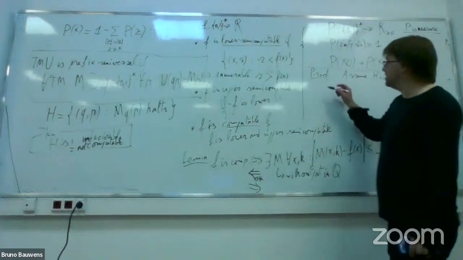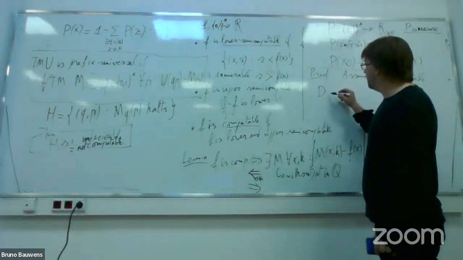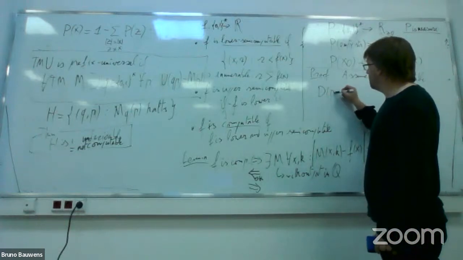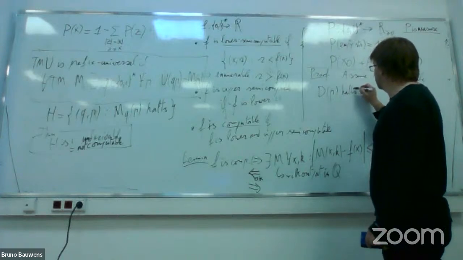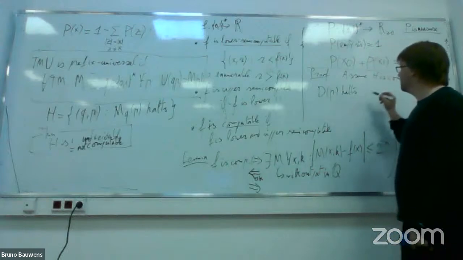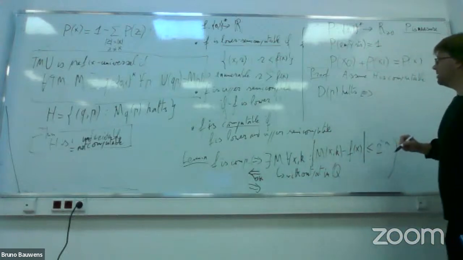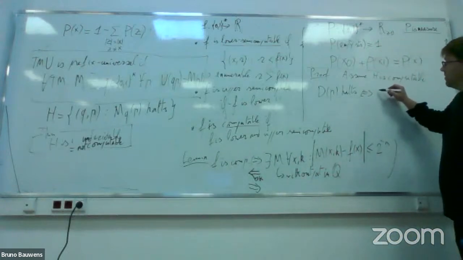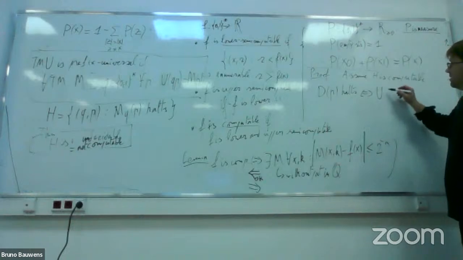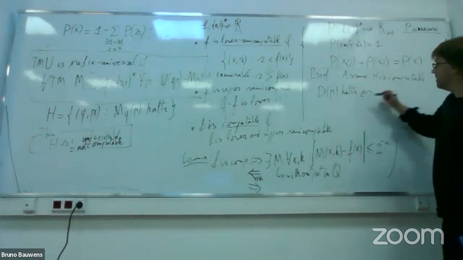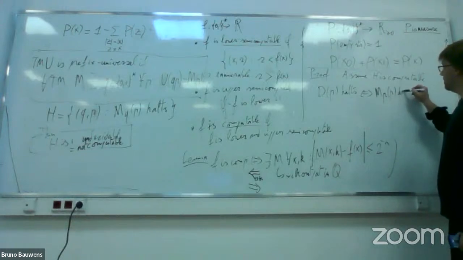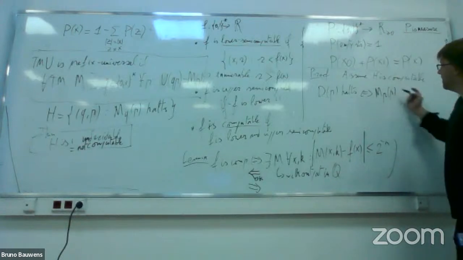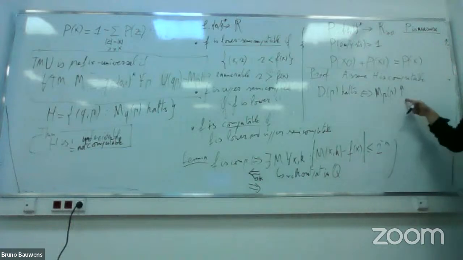Let us create a machine D so that D(P) halts if and only if M_P(P) does not halt. Let's rewrite it with an up arrow.